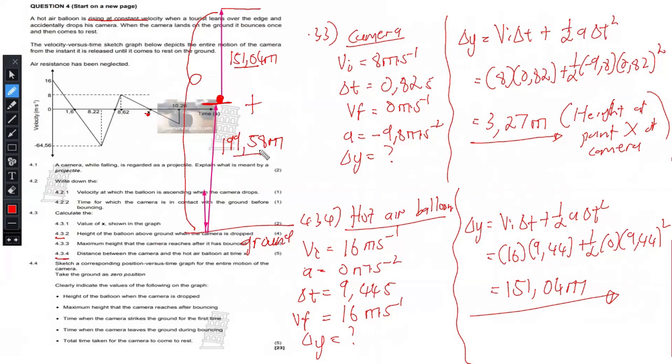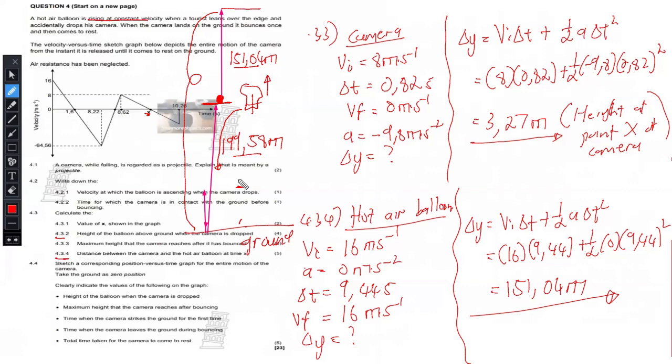So I need you to understand that. So this was the hot air balloon at the moment when the camera dropped. But then remember, as the camera is coming down here, what is happening to the hot air balloon? It's rising up at a constant velocity. By the time this is now on the ground and then bounces up and also reaches a maximum height, this is still moving up, right?